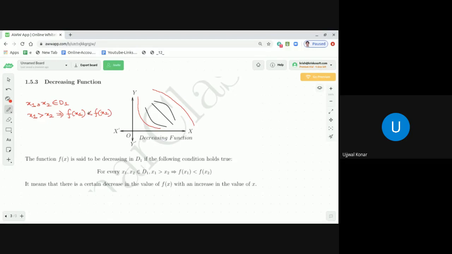Then we can say this function is a decreasing function. But how is differential calculus going to help us here, dear students? If we find that f'(x) is less than 0, that implies f(x) is decreasing.